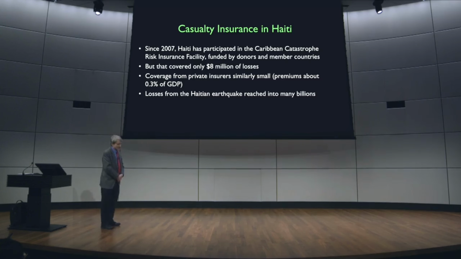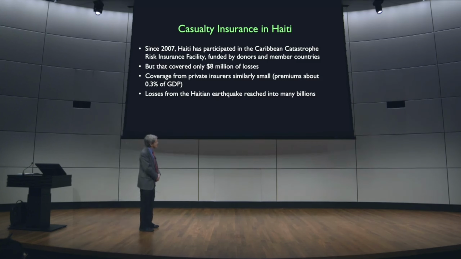Before the earthquake, there was a movement to try to get Caribbean countries to buy insurance. And so they did so only a little bit. The Caribbean Catastrophe Risk Assurance Facility managed to create about $8 million of loss insurance. But the losses from the Haitian earthquake reached into the billions.